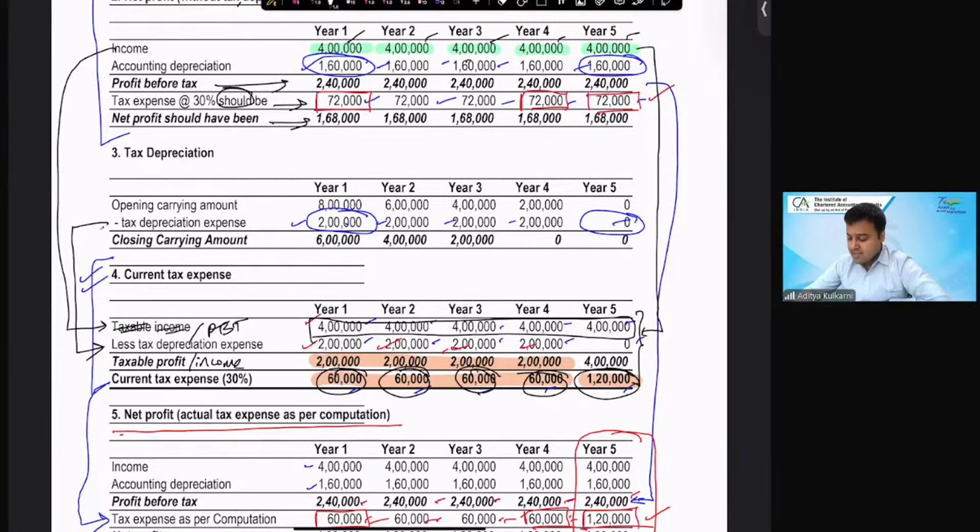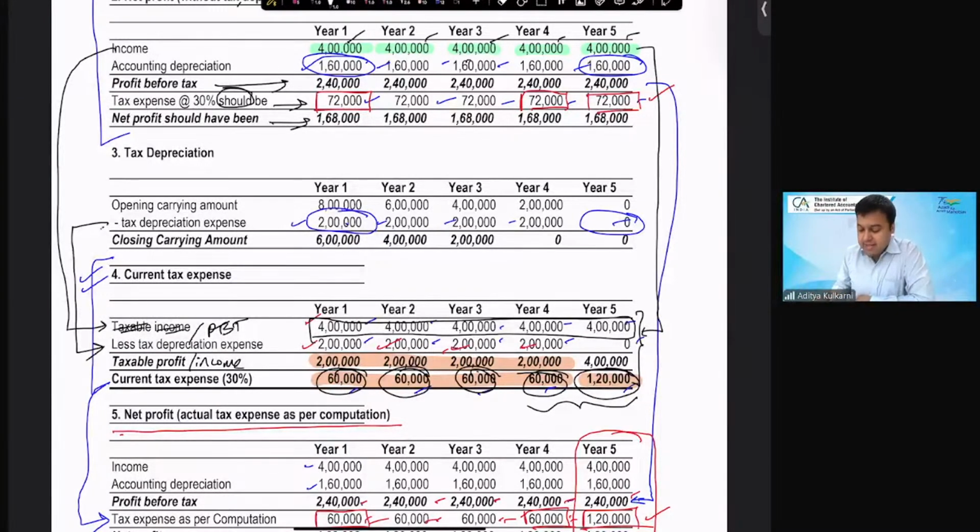But your tax expense is 1,20,000. Don't you think this will catch the attention of the stakeholders? Yeah, definitely, sir. Because they will look, why has my PBT remained the same, why suddenly is my tax expense increasing, is something that they are going to look into. Yes or no? Yes, sir.